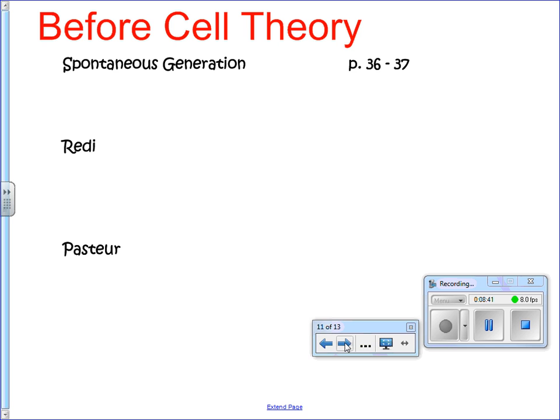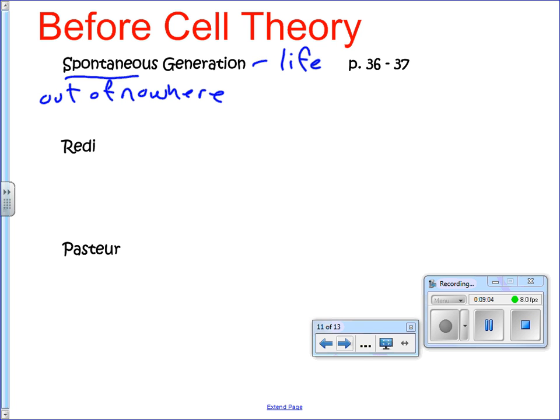Now, this seems really strange to us, but spontaneous generation was the idea, the observation. So spontaneous just means kind of like out of nowhere. And generation is life, right? Having a new generation of life. So life coming out of nowhere.